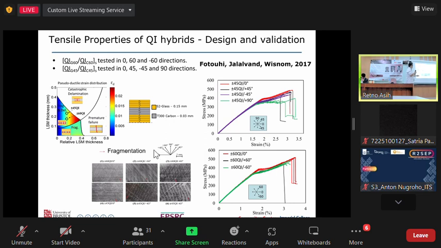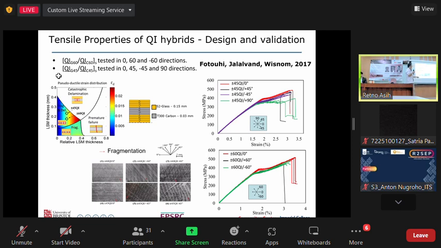So here Dr. Putri, Dr. Jalalpour and Professor Wisdom have successfully demonstrated that it is possible to have a pseudo-ductile response in QI composite, with this nice linear and also plastic region in both cases. But they also applied the load not only in the zero direction, but in every fiber direction, 45, 60, and 90.